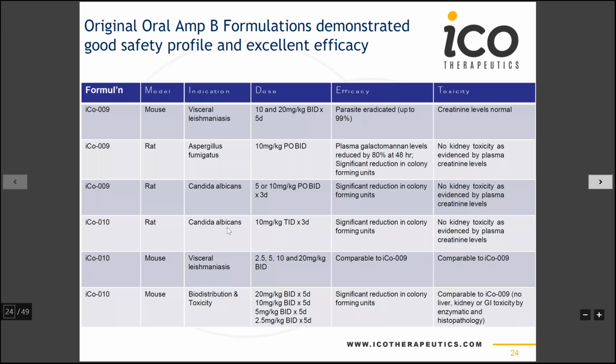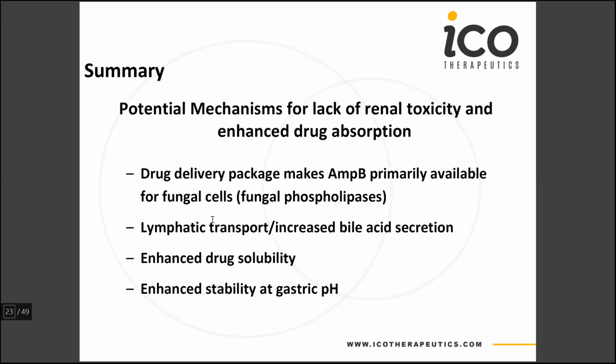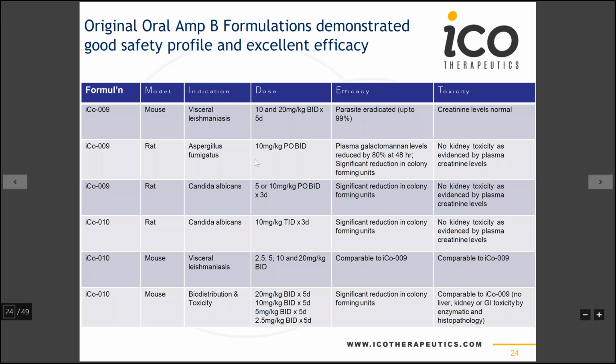And this is really a summary of the many animal studies that we've done over the years with different formulations. And you can see we've done a mouse study in VL, we've done a rat study with Aspergillus, we've done several candidiasis studies, we've done biodistribution.